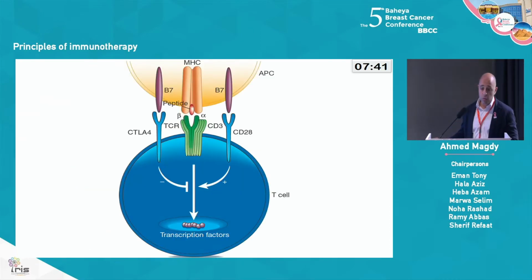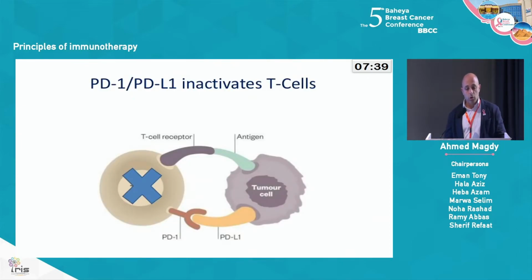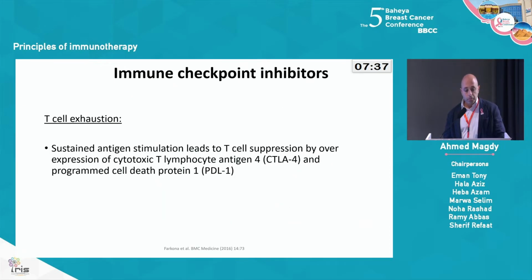What about the famous immune checkpoint inhibitor gaining grounds? We mentioned that before, but we need to know, why do sometimes when you read about the risk factors for cancer, you find that chronic infection is one of the risk factors of cancer? Why? Because it leads to T cell exhaustion.